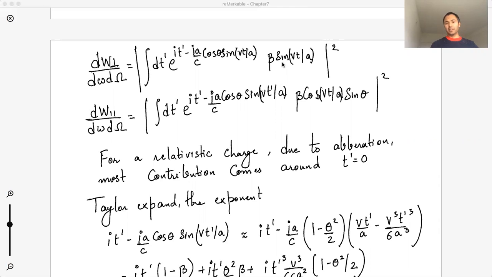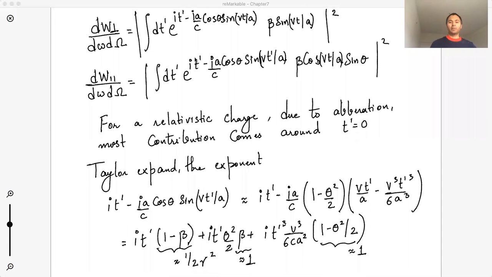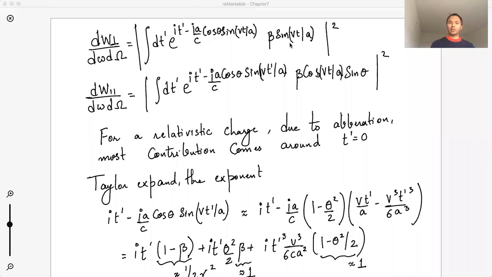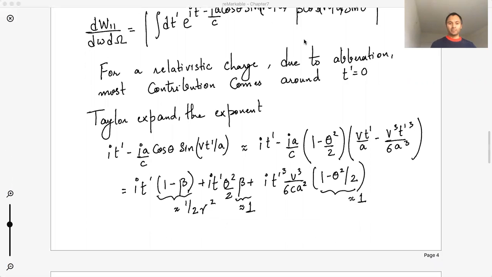There's less error you introduce in expanding something outside to first order as opposed to the exponent. So we're going to expand the exponent to a higher order, and then we'll just expand this to Vt by A. Okay, so let's Taylor expand the exponent here.